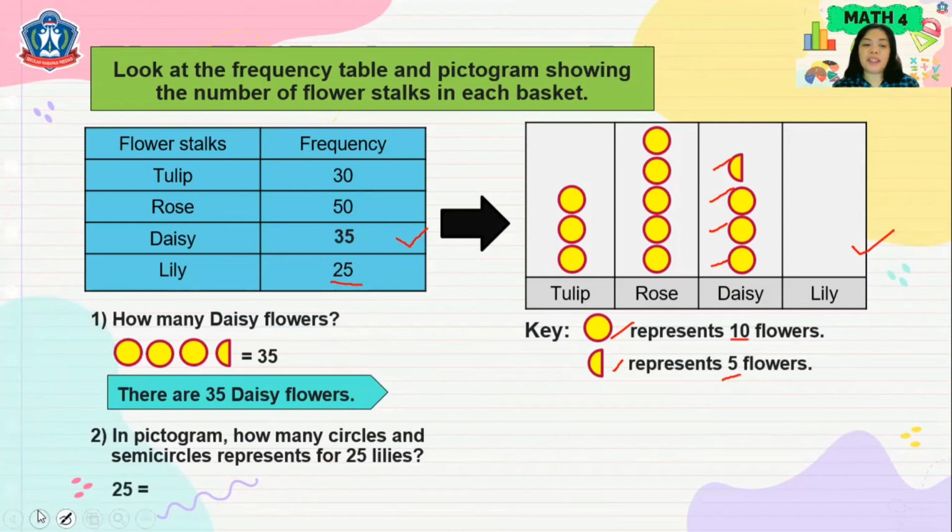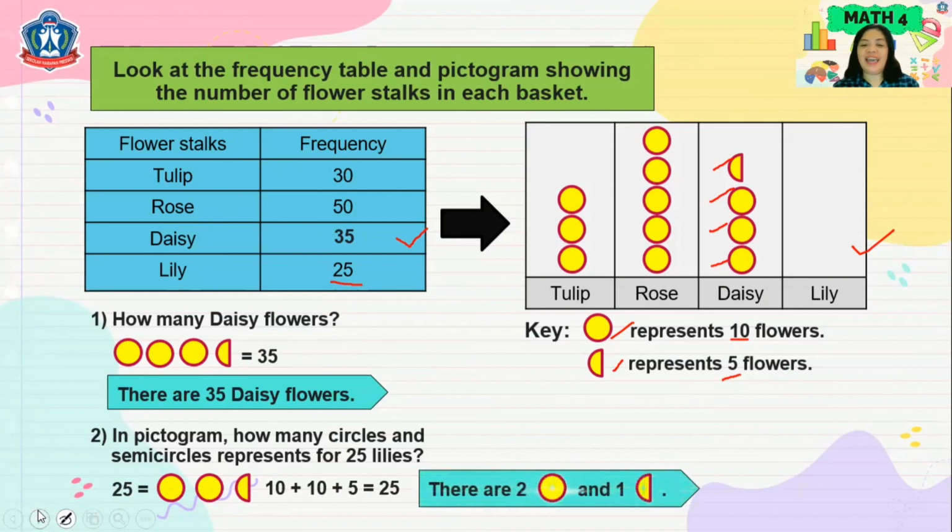So 25 is equal to 2 circles, that is equal to 20, but we have 25, so we will add a half circle. So we need 2 circles and a half circle for the lilies. Okay, so we will put 2 circles and 1 half circle.